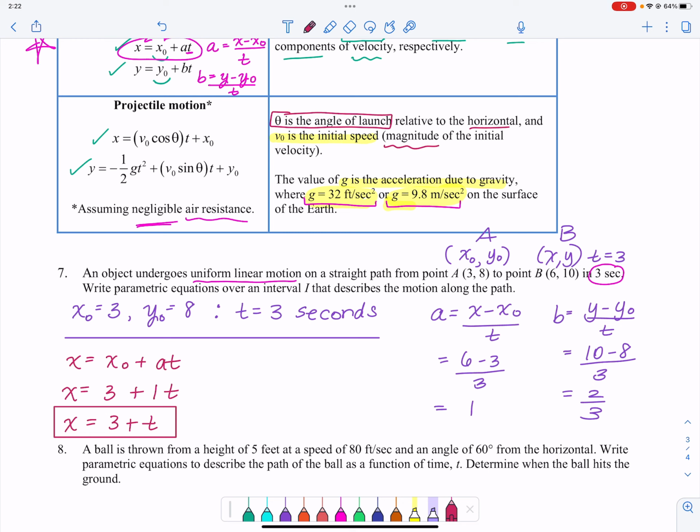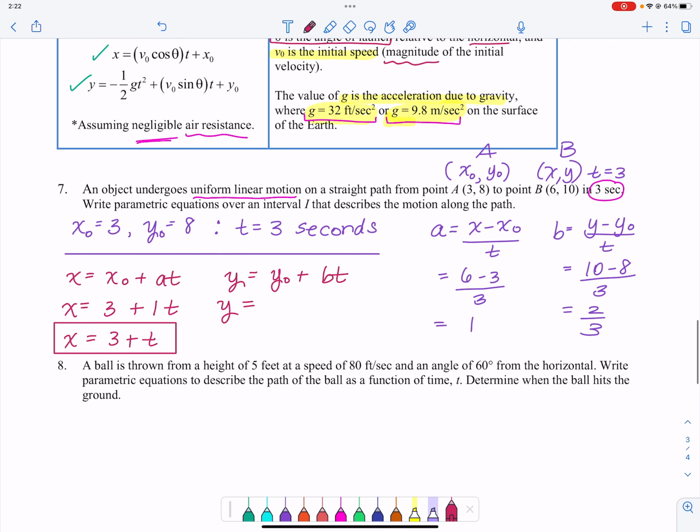Let's take a look at y. Y is equal to y sub 0 plus bt, and y sub 0 was 8 plus b we found to be 2/3 times t. And those are our parametric equations.